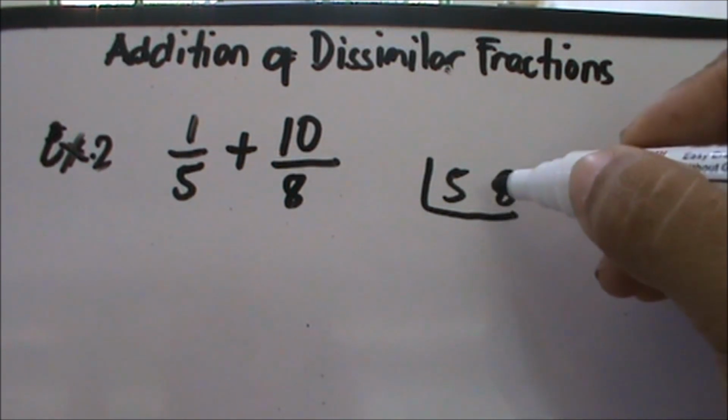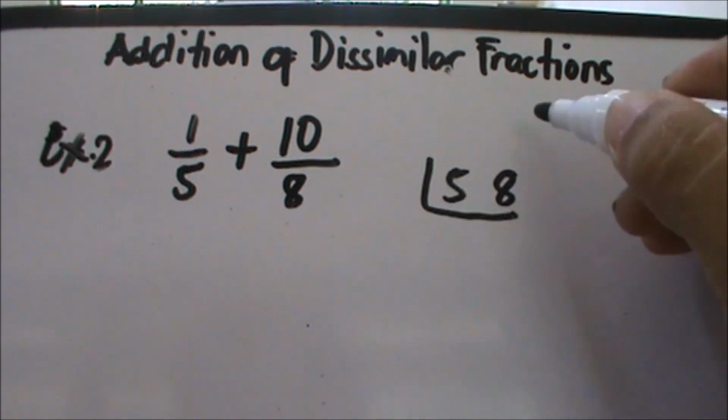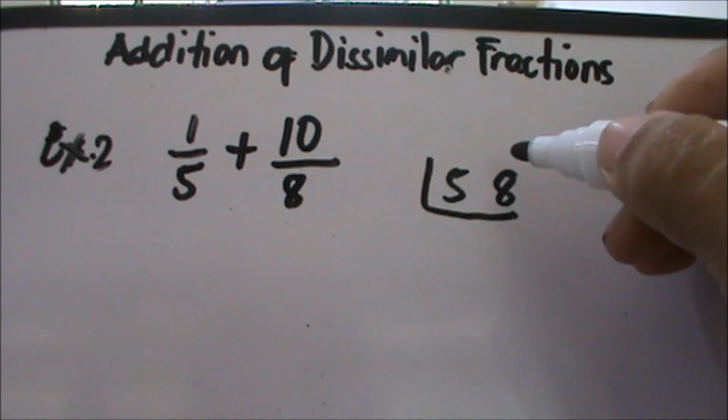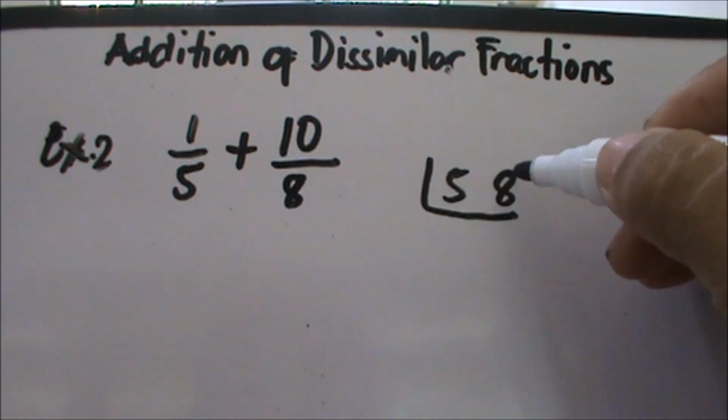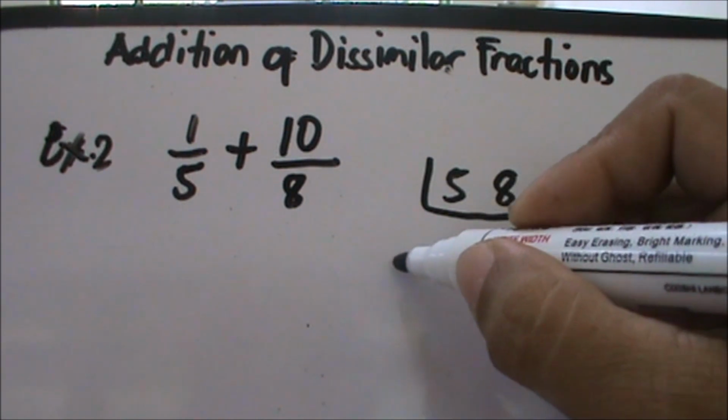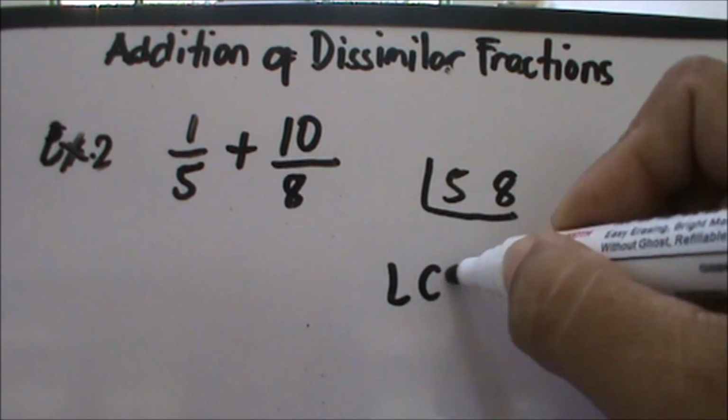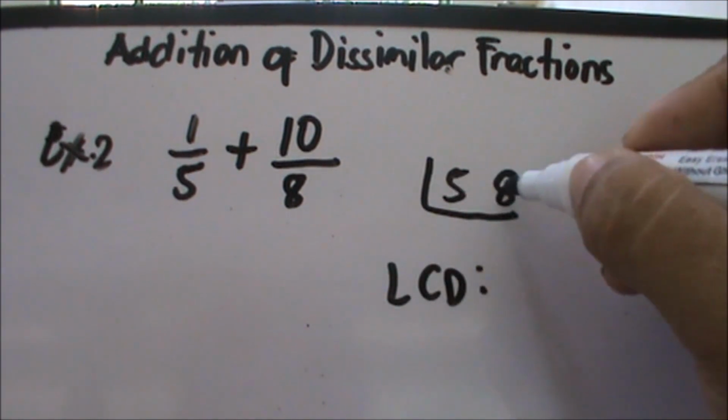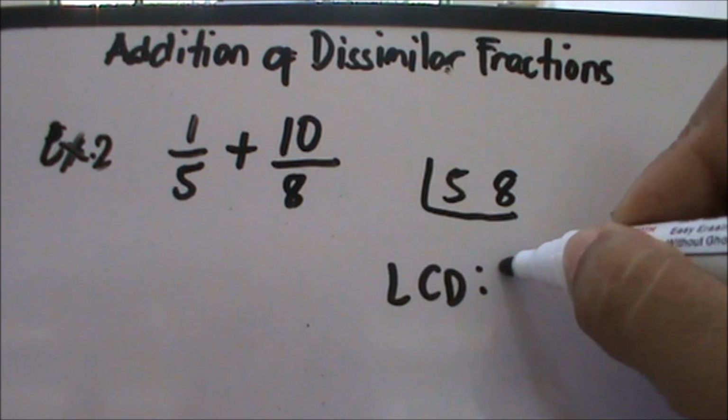We have observed that these two numbers do not have common prime numbers, so straight away we find the LCD and multiply the two numbers.